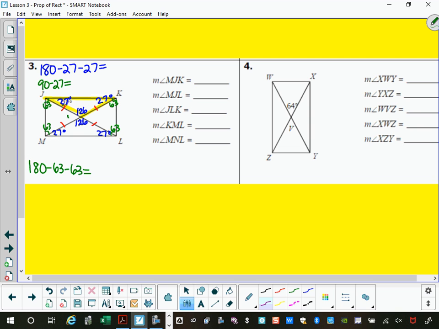Okay, so this top angle is 54, and the vertical angle across from it is 54. Do we understand that part? Okay, this is where you guys tend to have problems. Let's see if we can figure out if we know how to look at angles here.